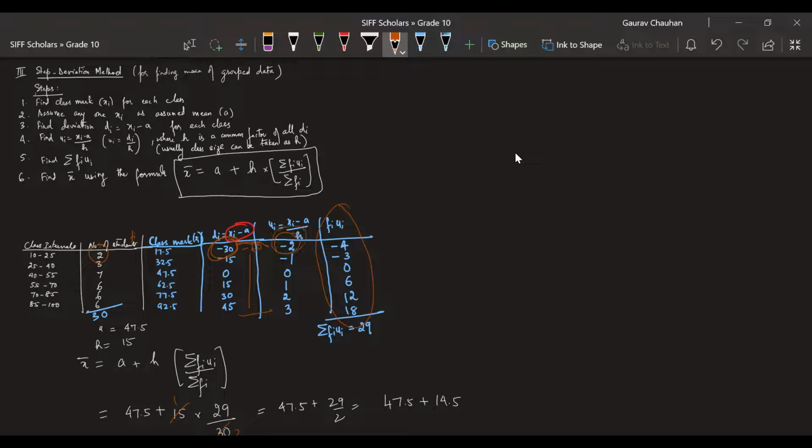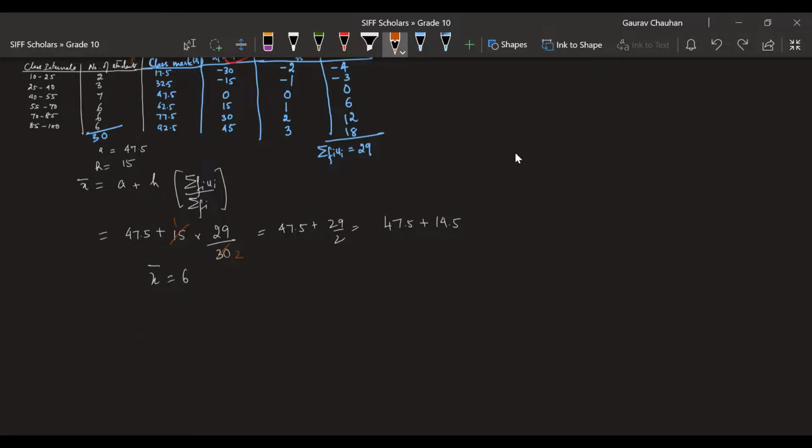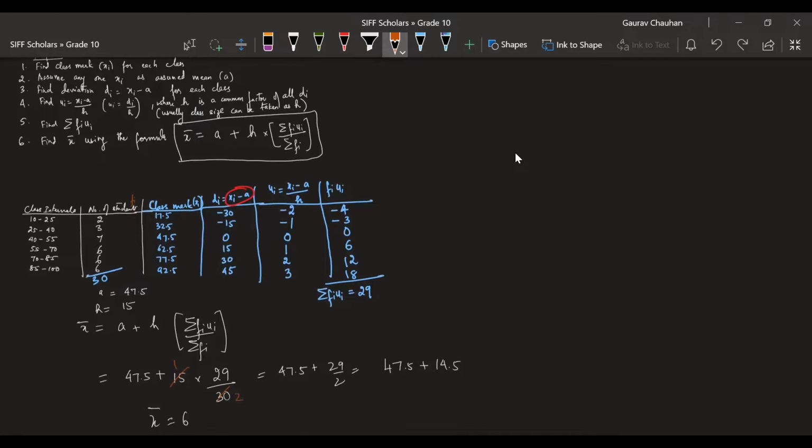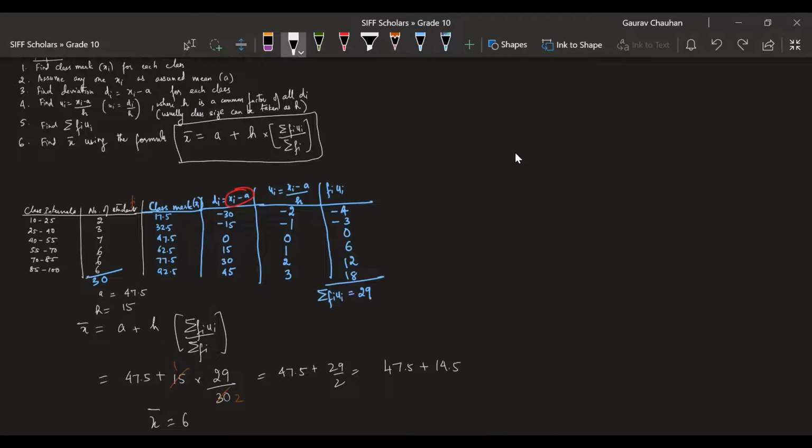Minus 2 into 2, you can do in the back of your mind, right? That's the reason I'm taking H and finding ui, so that my calculation becomes smaller and simpler. Okay, Bindu? Yes, sir. Got it.